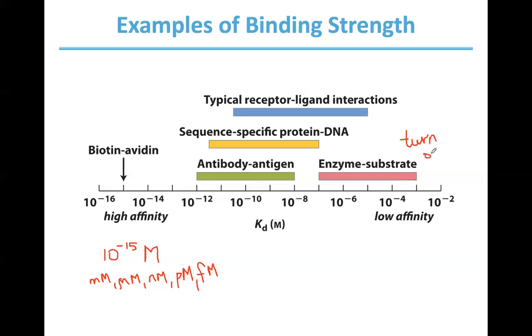Turnover number, the number of molecules processed by the enzyme within 1 second. So you want them to be high. You want the substrate to come in, reaction to be done, and product to be released.